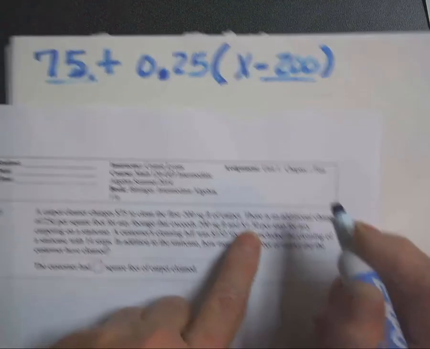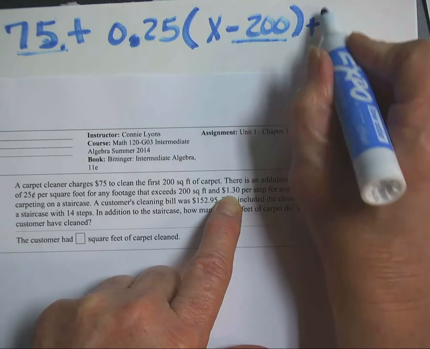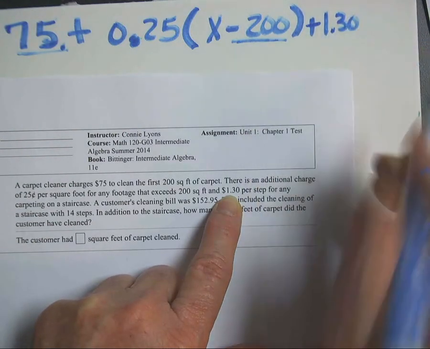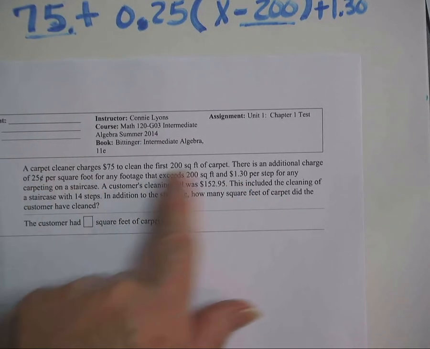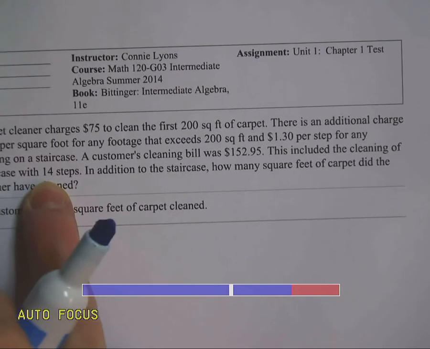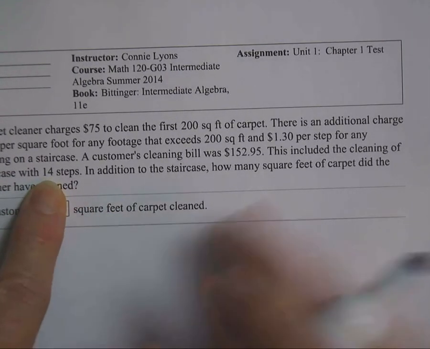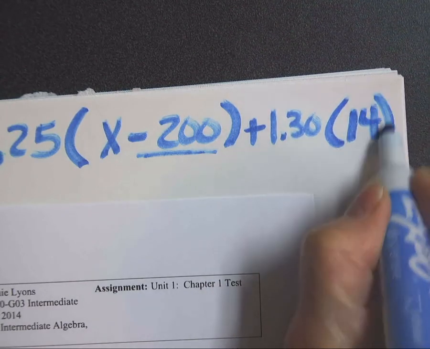And then plus, this is how much it costs, 30 for every step. Now we have to search down through here to see how many steps there were. If you look right here, it says there's 14 of them. So we'll go back up here, there's 14 steps.